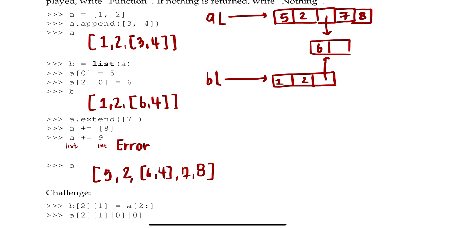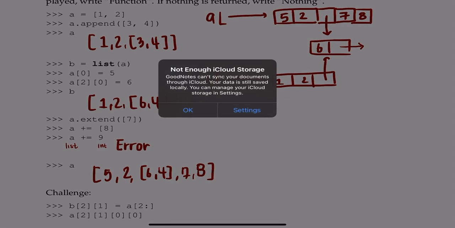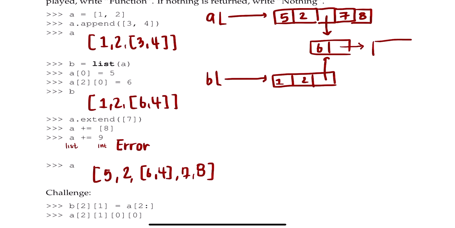Let's set this element into a pointer that has 3 elements. That is because this A list sliced from 2 to the end has 3 elements, so this also has 3 elements. The first element is a pointer to this list, and the second and third elements are 7 and 8.